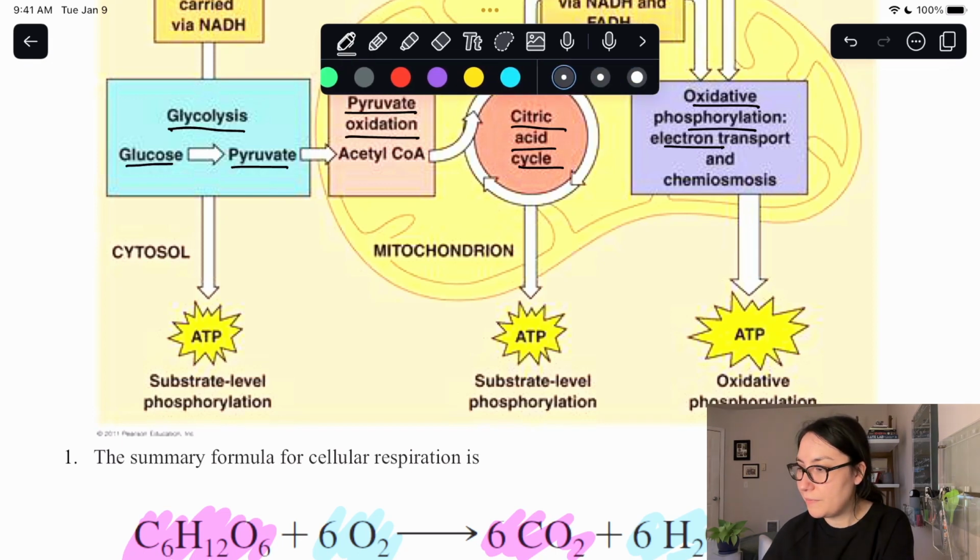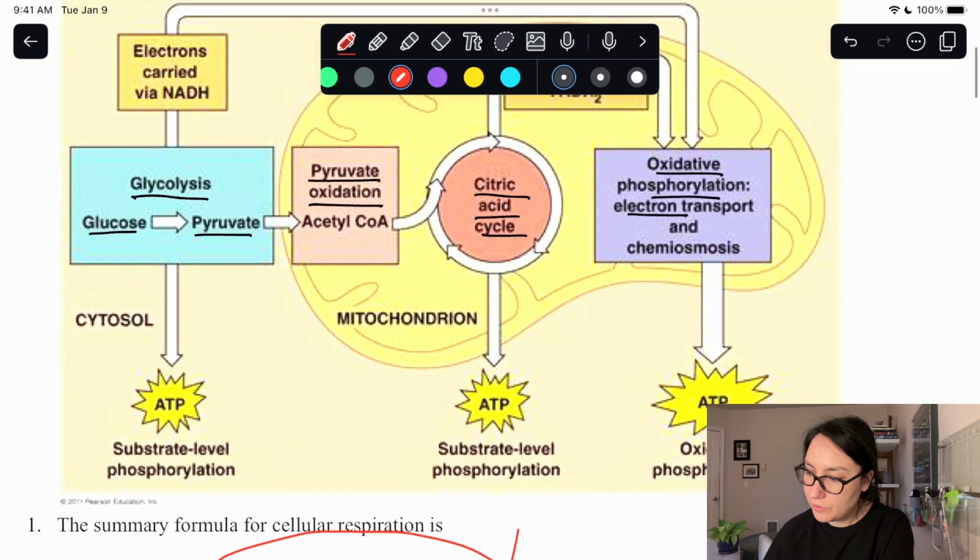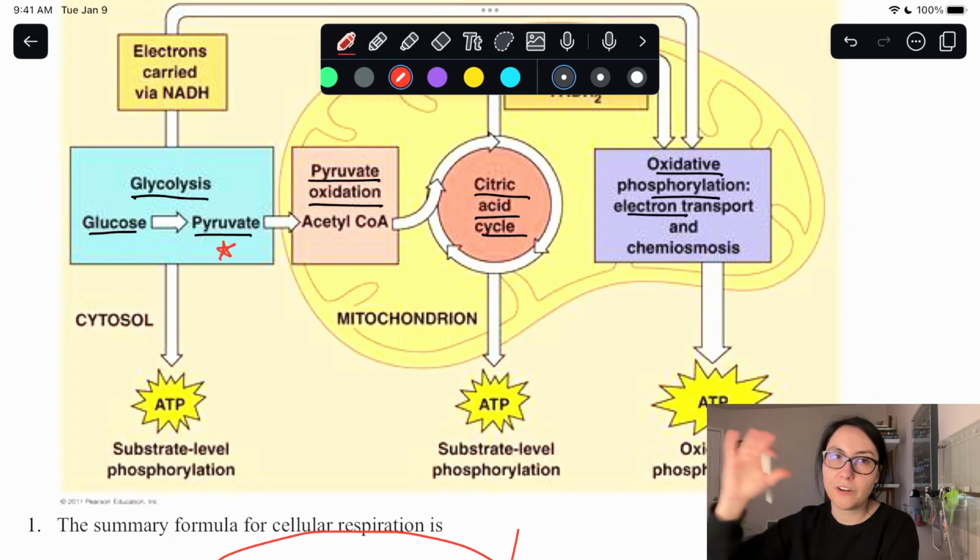Where it's coming from is, this is connected to that. So your glycolysis is part of creating this 6CO2. So where do you see the CO2? You see it here in pyruvate because glucose turns into pyruvate in glycolysis.